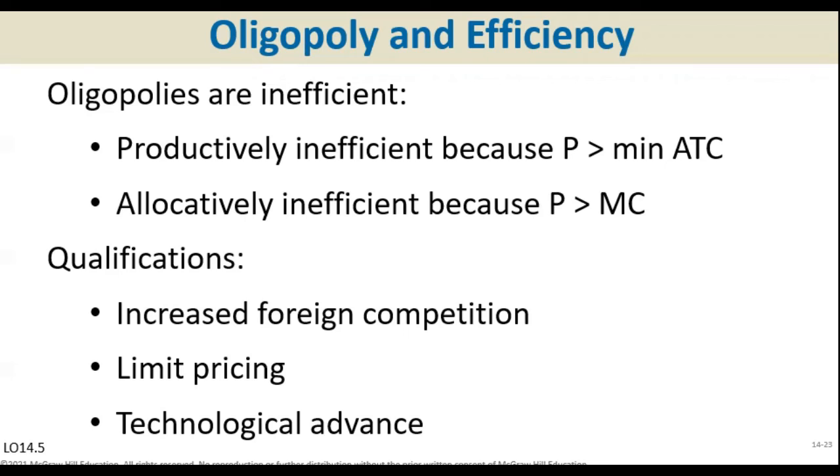Right? Oligopoly could foster rapid product development because of the competition in the industry, and with the firm profit that they have, they have the financial means to invest in new technology, right? Because they have the money for it.